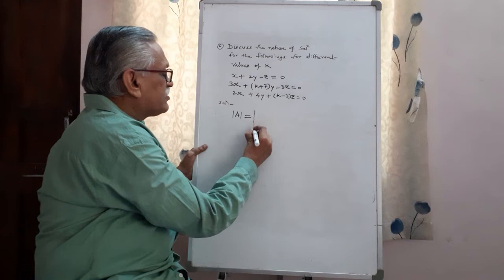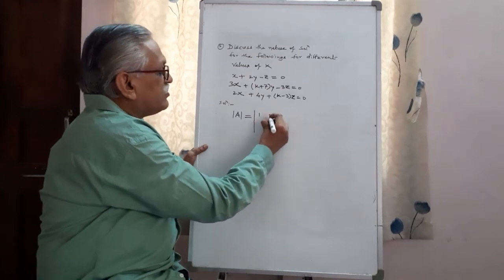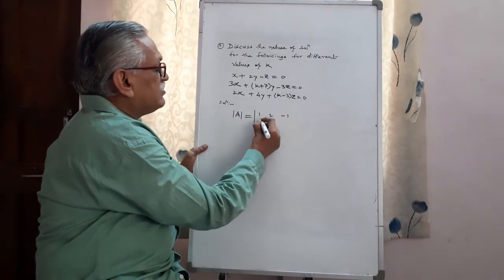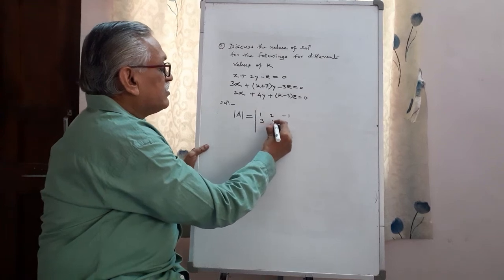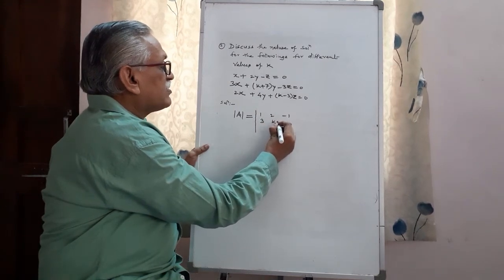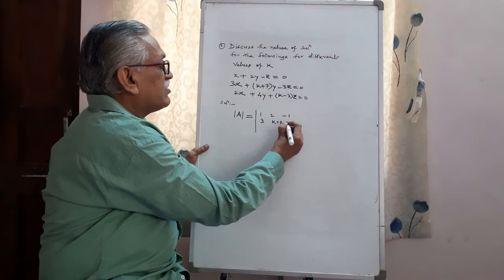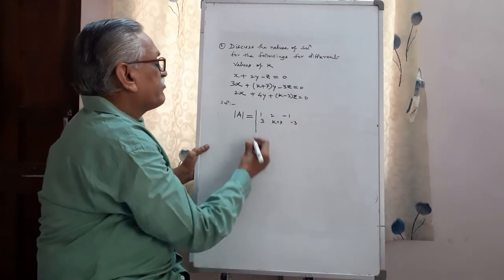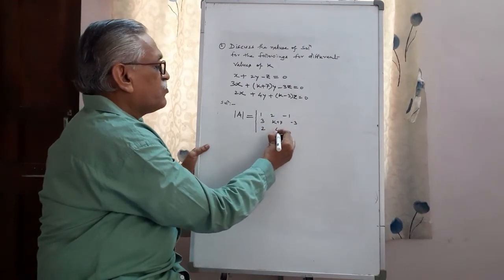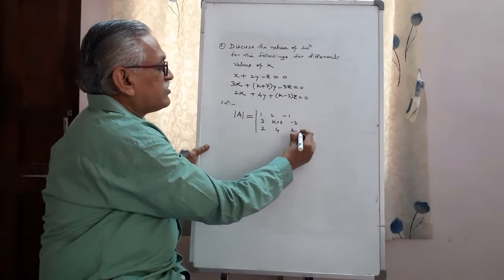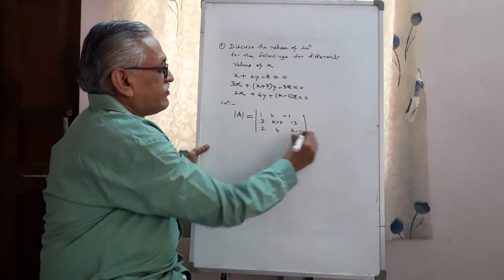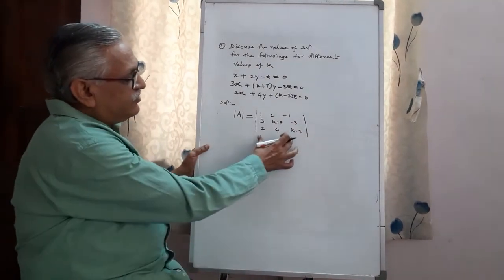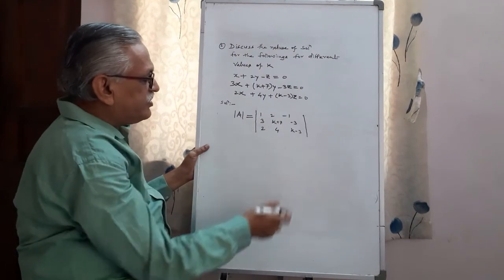Therefore, its determinant is 1, 2, minus 1, 3, k plus 7, minus 3, 2, 4, and k minus 3. Then evaluate the value of this third order determinant.